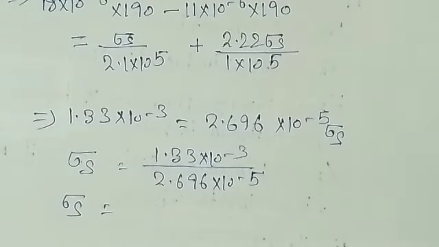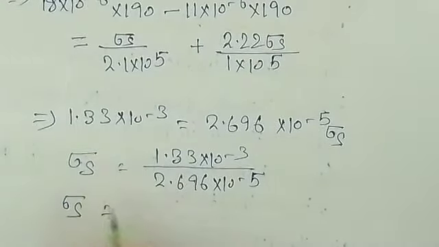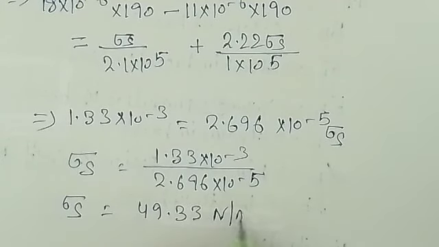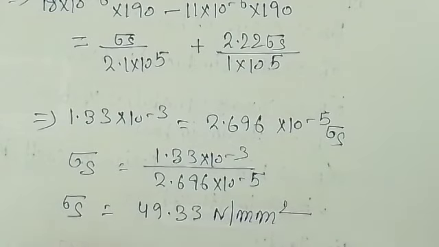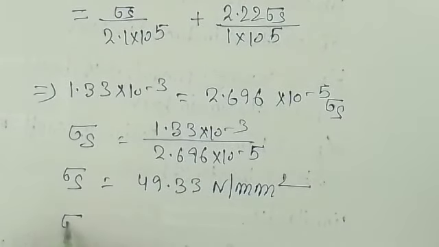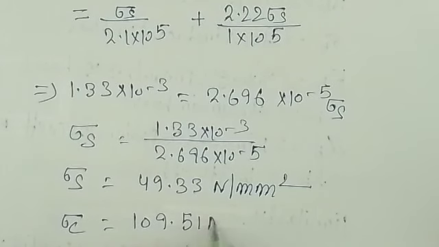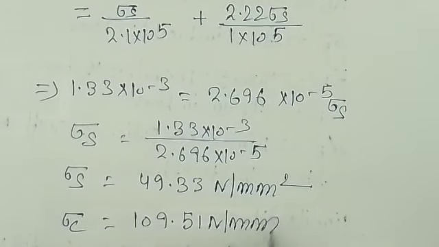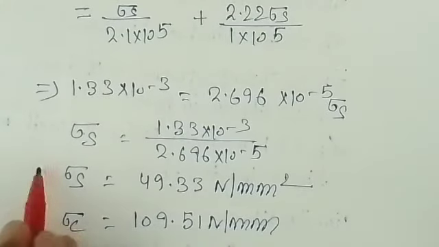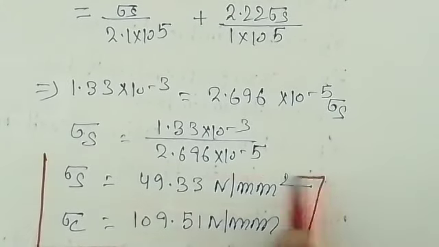So you have sigma s equal to 49.33 Newton per mm square, right? And sigma c is equal to 2.22 times this, so you can simply multiply by 2.22, which is 109.51 Newton per mm square. So we got the stresses in steel and the stresses in copper.